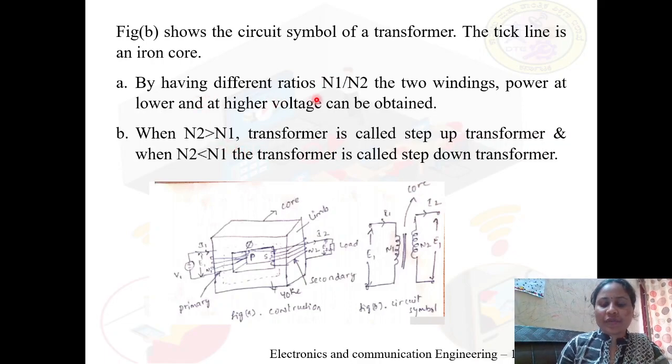So by having different ratios N1 to N2, the power at lower and at higher voltages can be obtained.